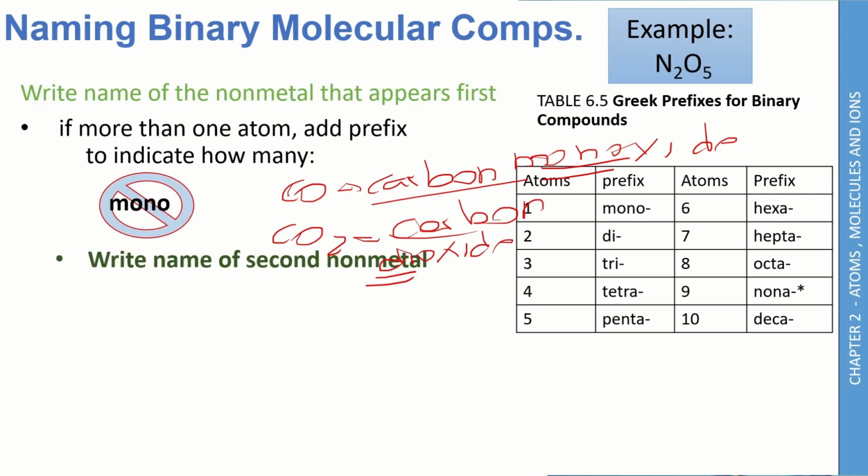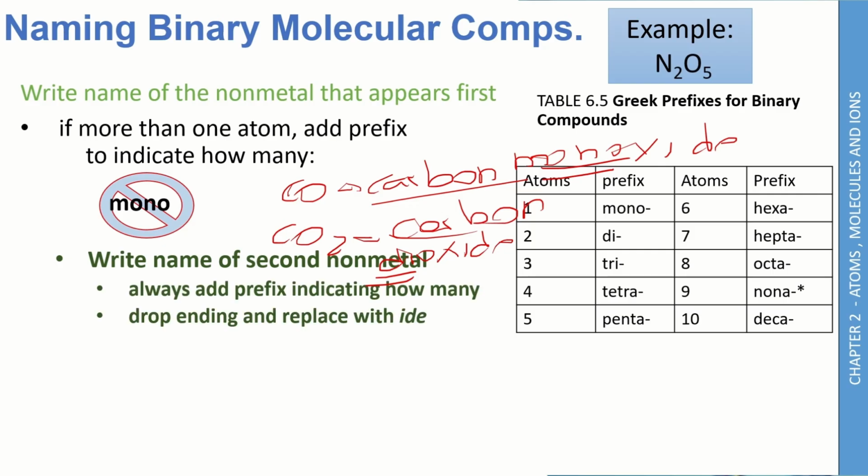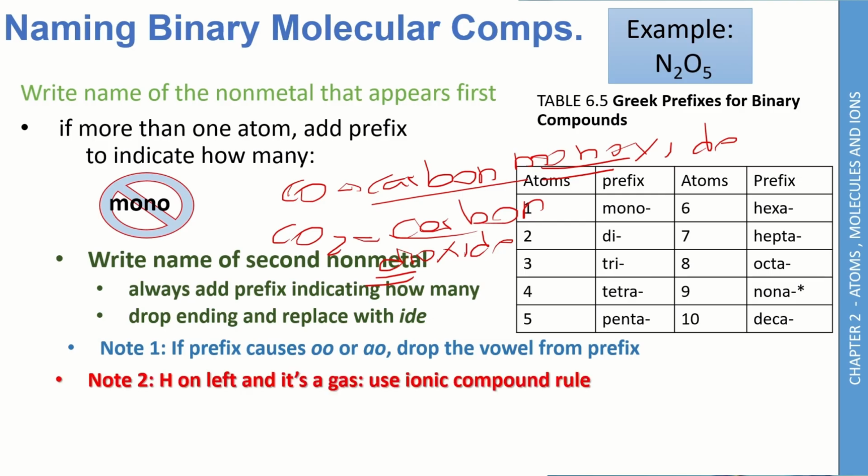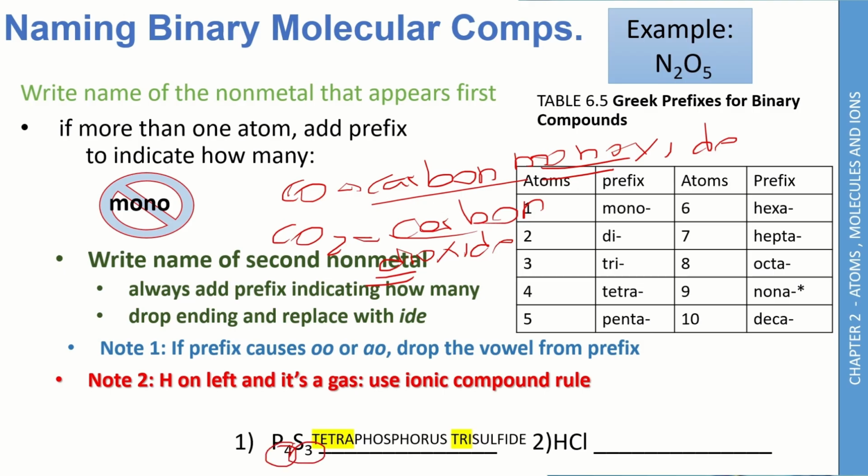And then you write the name of the second non-metal. Always add a prefix indicating how many, drop the ending and replace with IDE like we do in ionic, okay? So if the prefix ends in double O or AO, drop the vowel from the prefix. And hydrogen on the left, if it's a gas, we're going to use the ionic compound rule, okay? So here it's pretty simple. So I have 4 phosphorus and 3 sulfur over here, so it will be tetraphosphorus trisulfide.